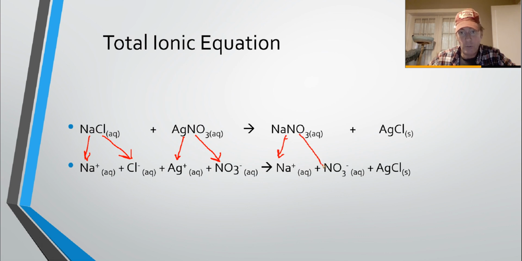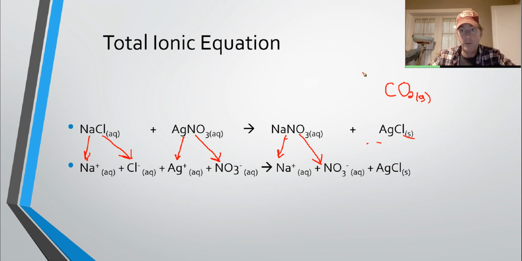If this is aqueous, well, what does that mean? It's dissociated in water. Now, only aqueous stuff does this. If this is a solid, it is not going to dissociate and is not going to break up. Same if it was a gas. If we had carbon dioxide gas that was created, well, that's not dissociating either.